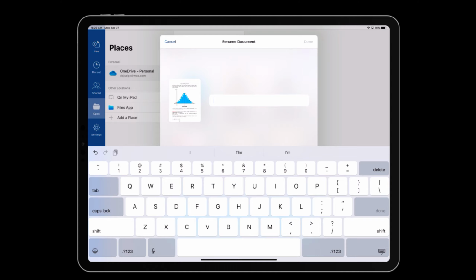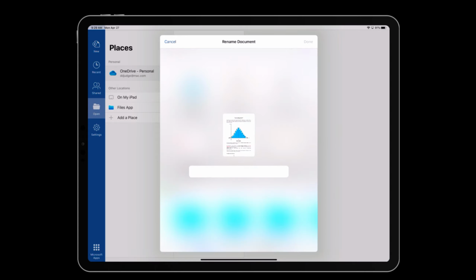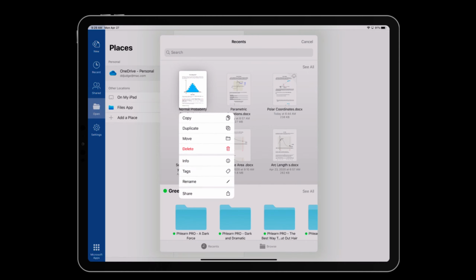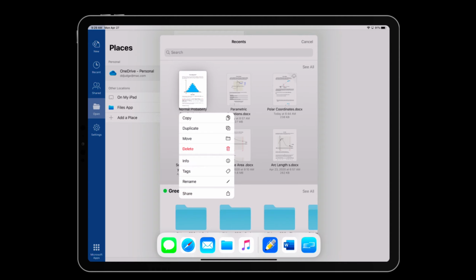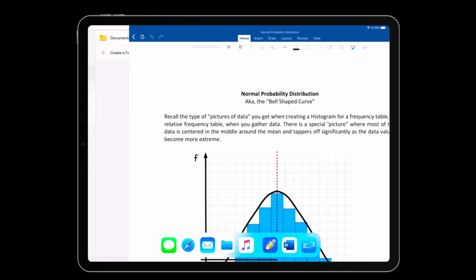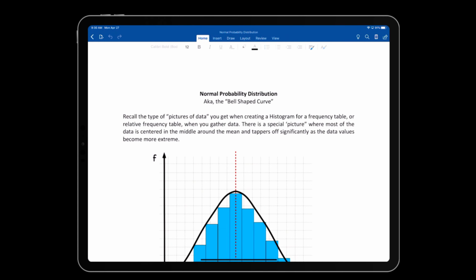Maybe I have to double. There we go. It's open. All right, we're open.